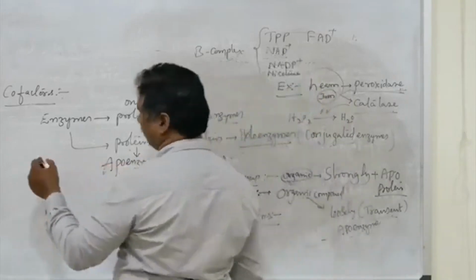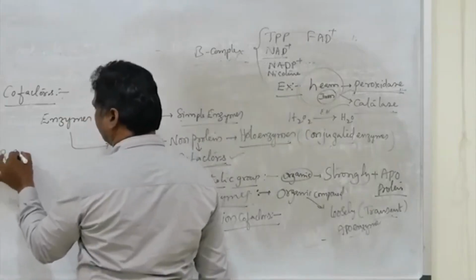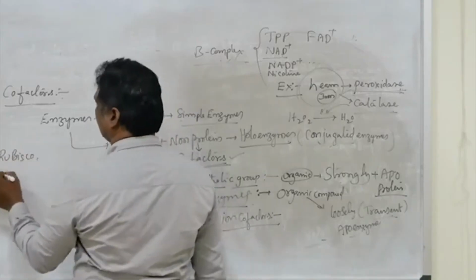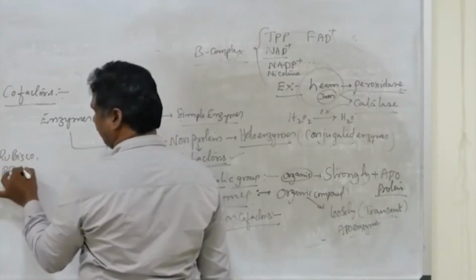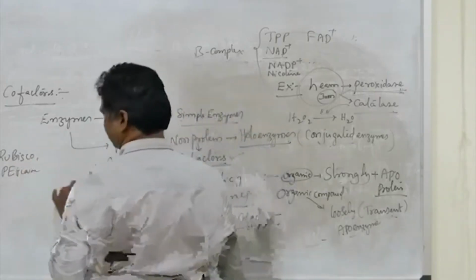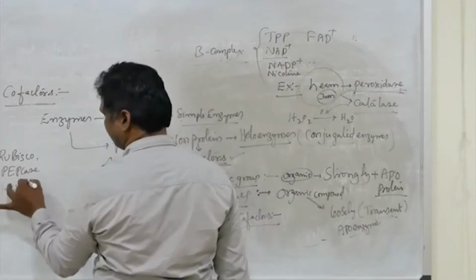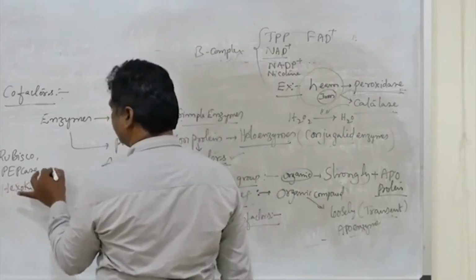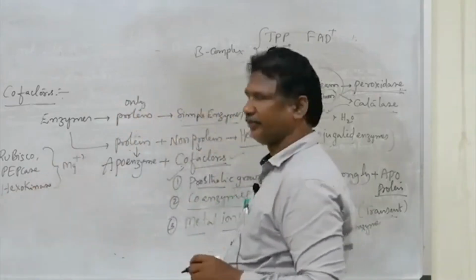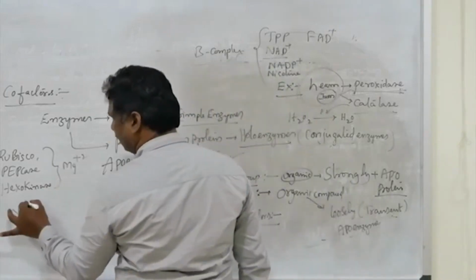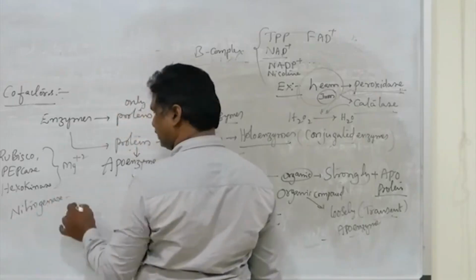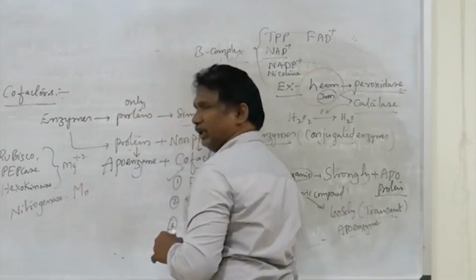Let us see some examples. Rubisco, which is involved in the Calvin cycle of photosynthesis, and PEPcase, phosphoenol pyruvate carboxylase, pyruvate kinase, hexokinase. These enzymes are activated with the help of magnesium ions. Also in nitrogen fixation, another enzyme, nitrogenase, is activated by molybdenum.